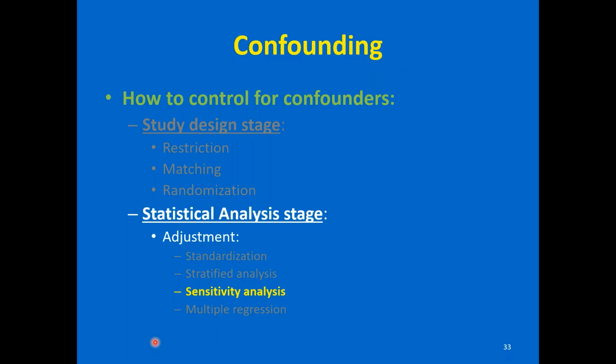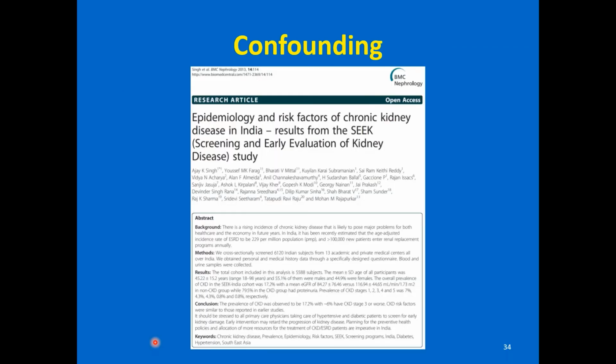A third way to control for confounders in the statistical analysis stage is using sensitivity analysis. Here I'm presenting the main paper that I published in 2012 on the epidemiology and risk factors of chronic kidney disease in India, using the Screening and Early Evaluation of Kidney Disease study that we did the DAG for earlier in this talk.